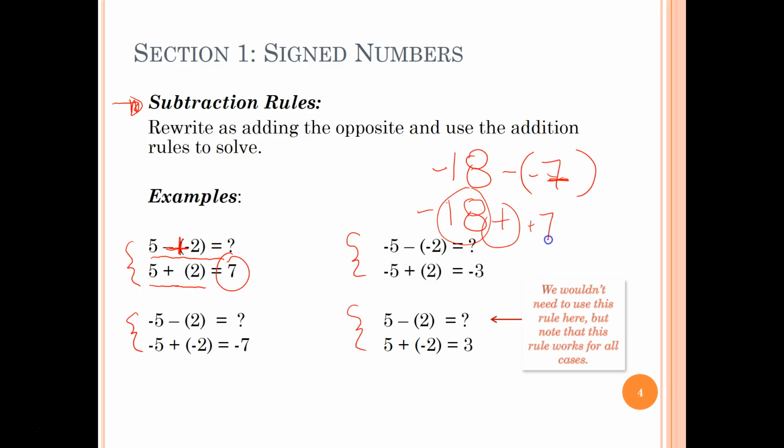We subtracted a negative, so we're adding a positive. So what we have here now is -18 plus 7. And I'll clean that up a little bit. Now this should look familiar, because now all we simply have to do is use our addition rules to solve it. Since it's different signs, 18 minus 7 is 11. And since the larger number is negative, our resulting answer will be negative as well.